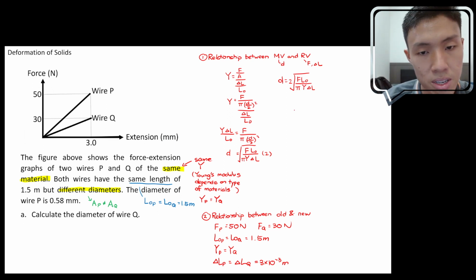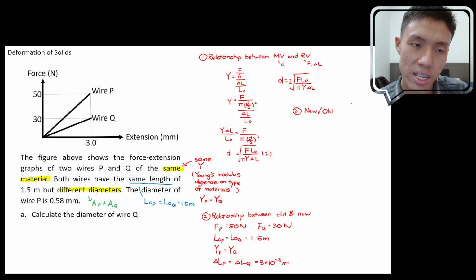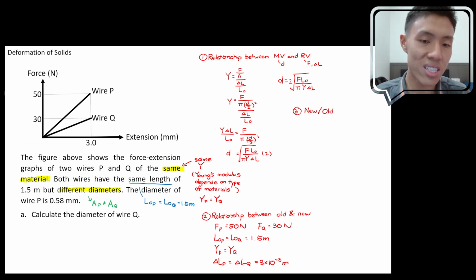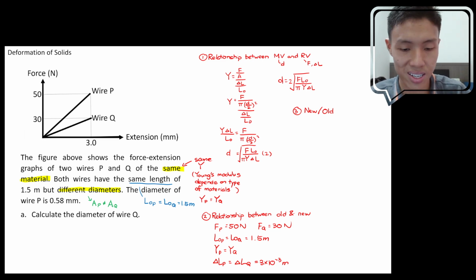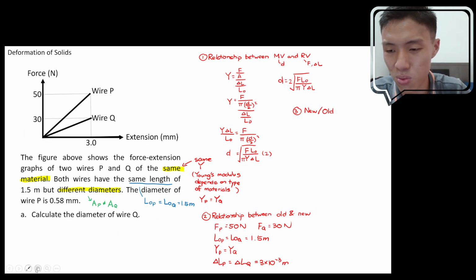The last step here is to take the new equation divided by the old equation. Over here I call it old and new, because we usually have an old situation, then we change it, then we have a new situation. But here we don't have a before and after situation.